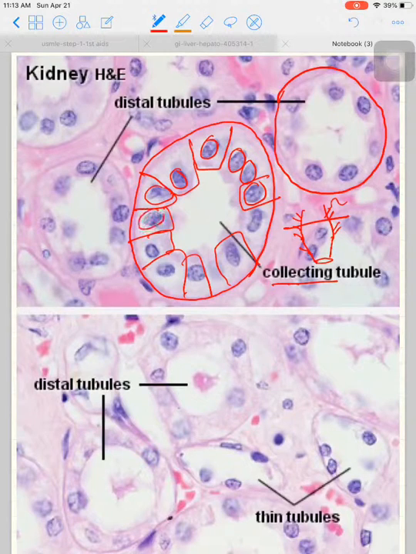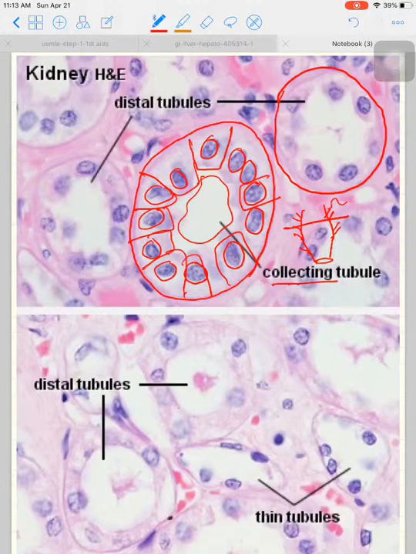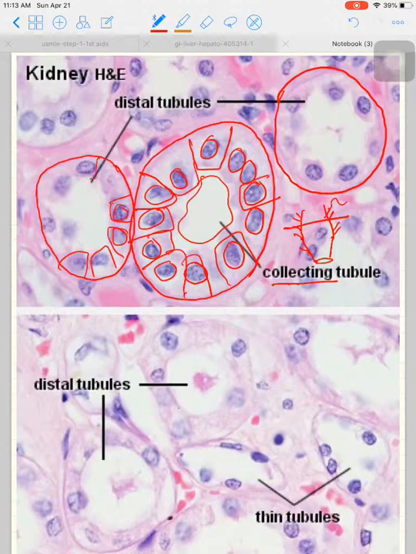We can see that this image is taken from the medullary region, because the collecting duct is more prominent in the medullary region. This is the lumen of the collecting duct, and this is the distal convoluted tubule, which is smaller in size than the collecting duct. They also have cuboidal cells here.